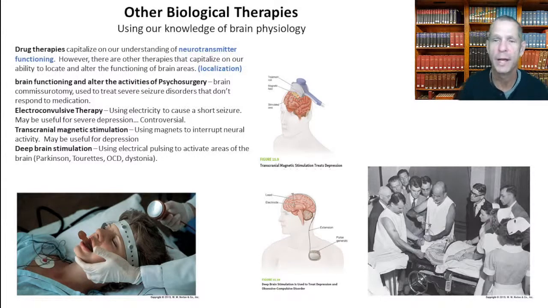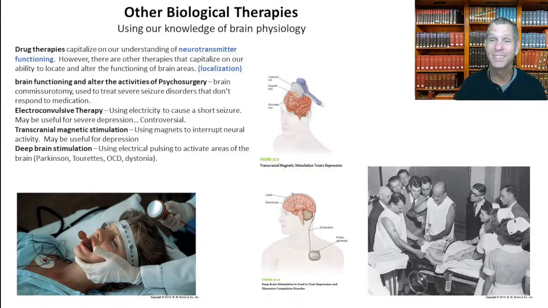People who have seizures can have mild seizures, where they close their eyes for a second and you don't even know they've had a seizure, to those who have grand mal seizures where they fall out on the ground and start shaking and kicking around, and it really is disruptive. There are some people who have seizures that are so severe and uncontrollable that medicine won't help and other behavioral means won't help them.